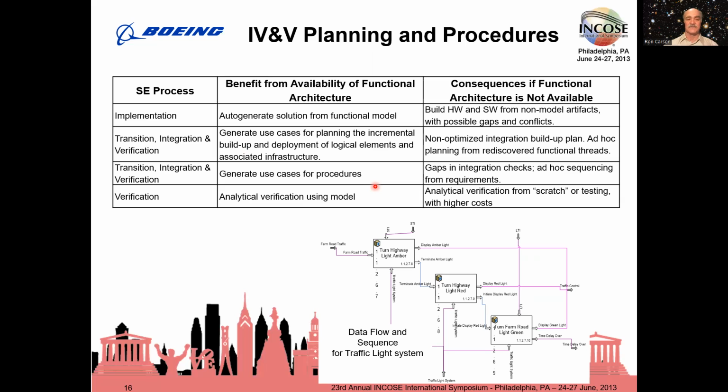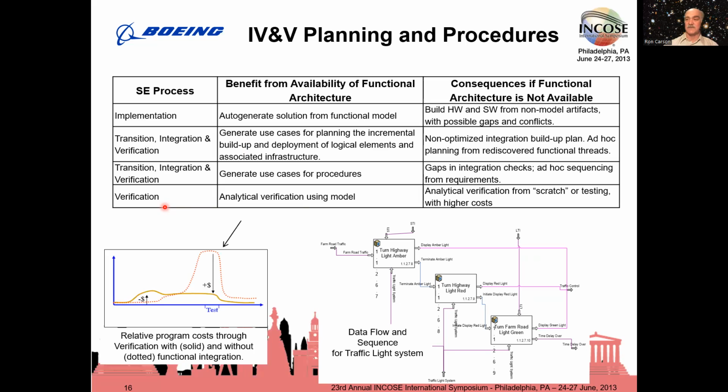What is the sequence? We can also, ahead of formal verification, use a logical model, the functional architecture, to analytically verify that the architecture is going to satisfy the system requirements based on simulation of what we're doing. And that has potential benefits in terms of lowered program costs, because we may be able to use the model to actually perform the verification in lieu of testing.